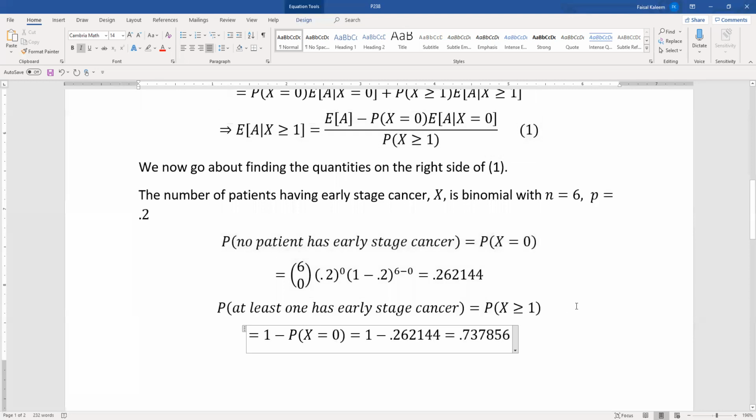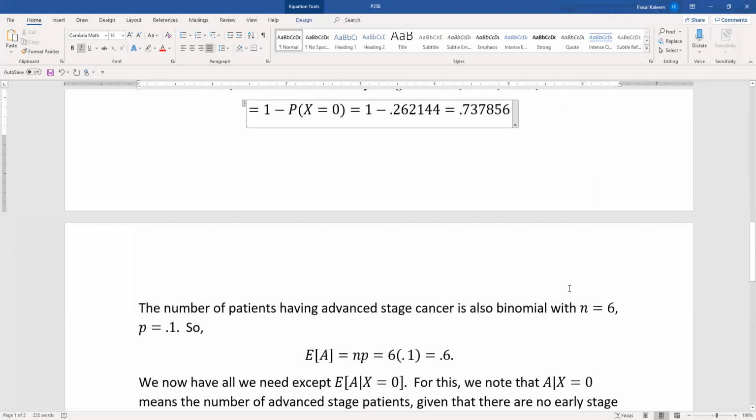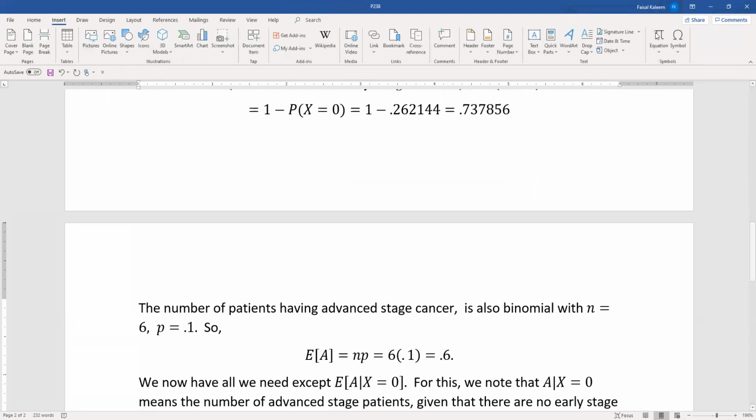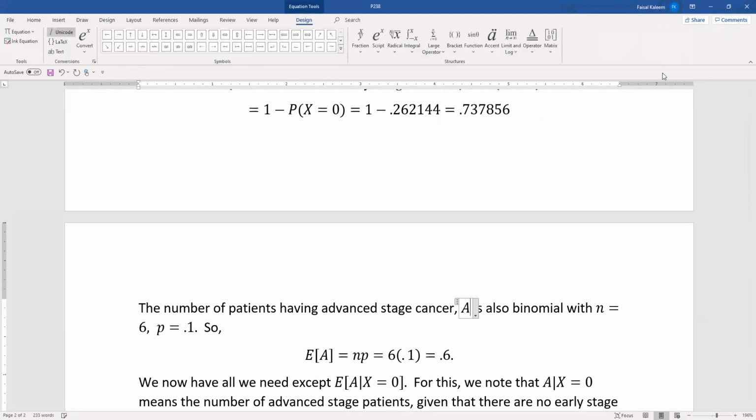So to find E of A, we know that A is also binomial. A is the number of patients having advanced stage cancer. Let's say that this is A. It is binomial, and here again n equals 6 because 6 patients are selected, and p is 0.1 because we are given that 10% of patients have advanced stage cancer.